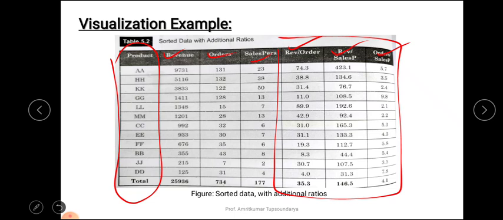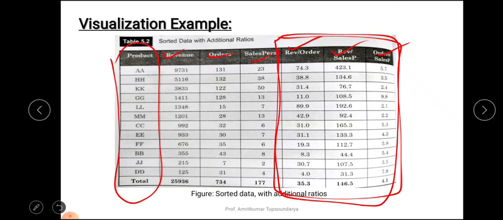So this is the ratio which is simply calculated from these three parameters. Depending on these ratios, we'll be plotting a few graphs, or visualizing this data.